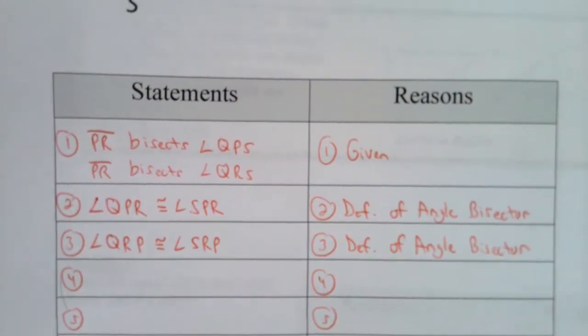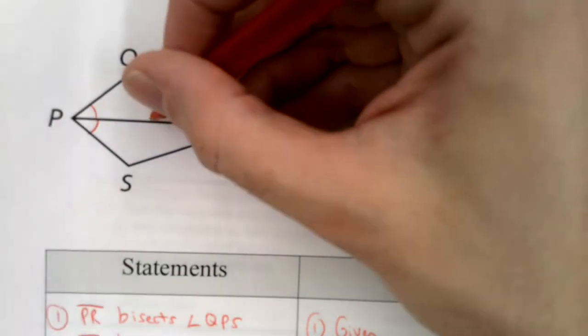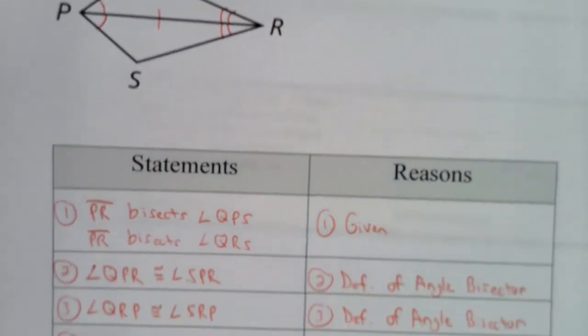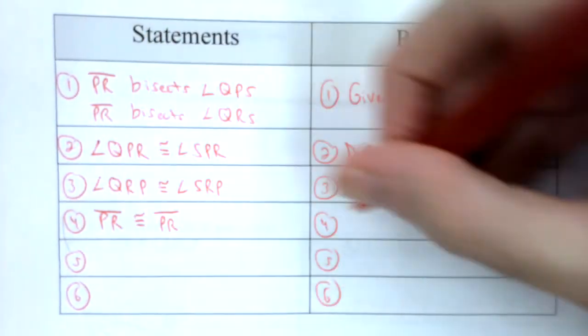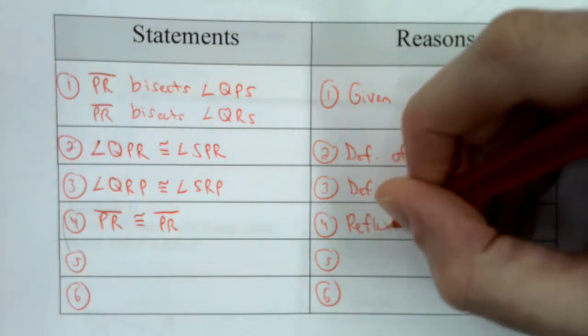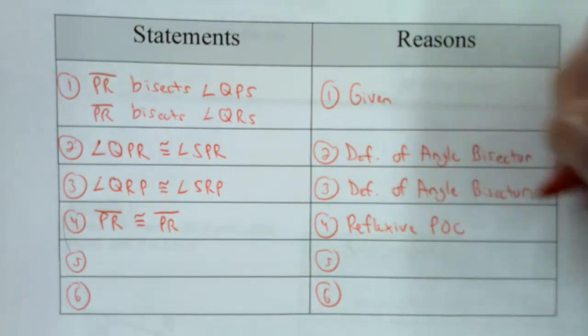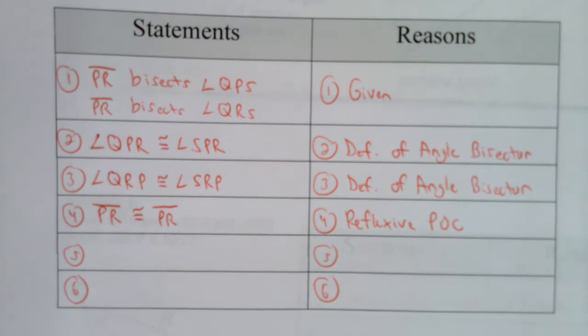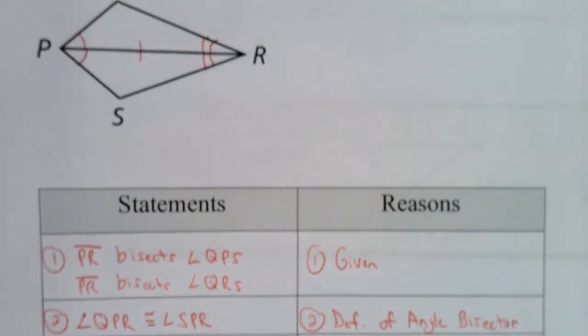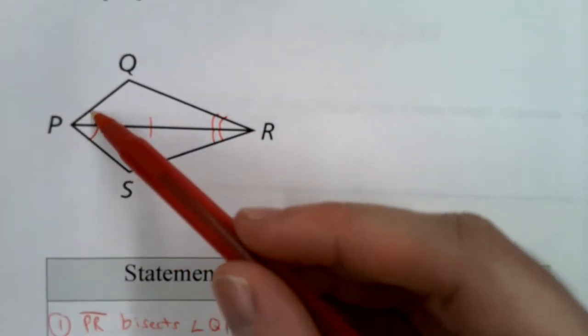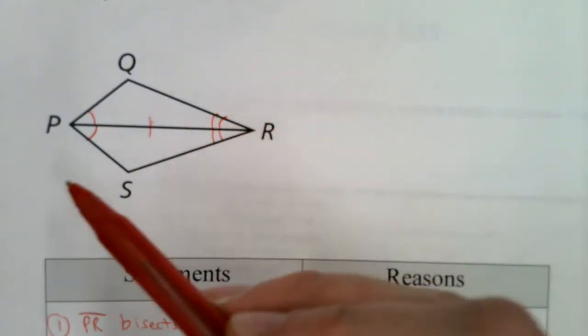Then I'm going to use the reflexive property of congruence. I'm going to say that PR is congruent to PR. Reflexive property of congruence. Now you can say the two triangles are congruent because if you look, it goes angle, included side, angle.